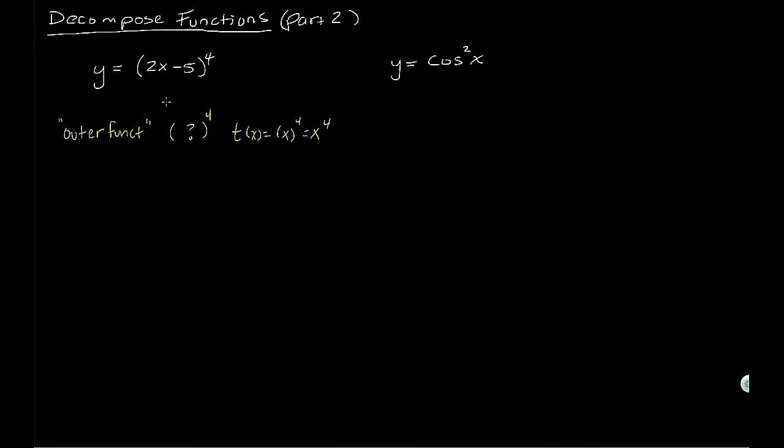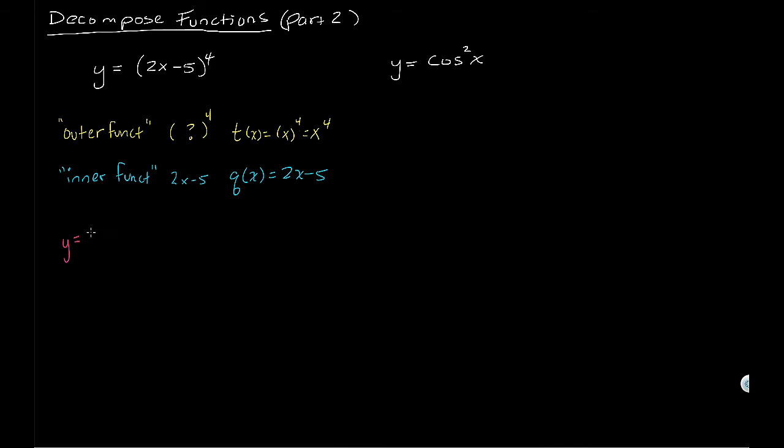Now let's look at the inner function. So what appears to be inside this overall structure of something to the power of 4? It looks like it's this linear function, 2x minus 5. So I'm going to call this q of x, and we're going to say that's 2x minus 5. So let's put this together.